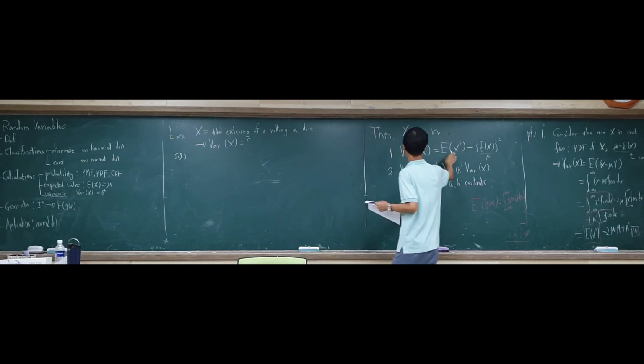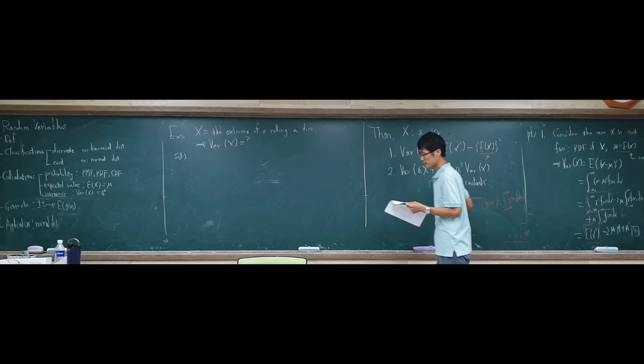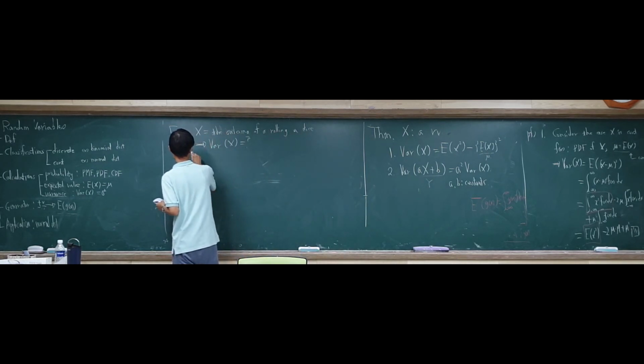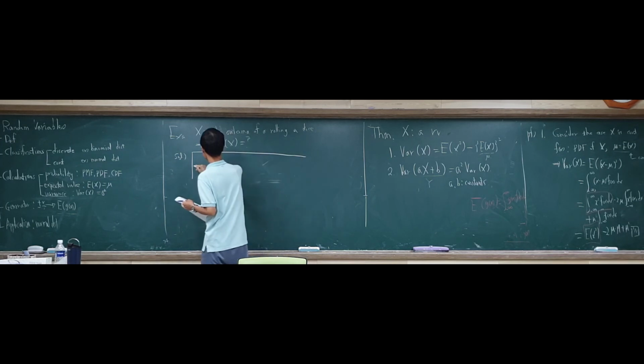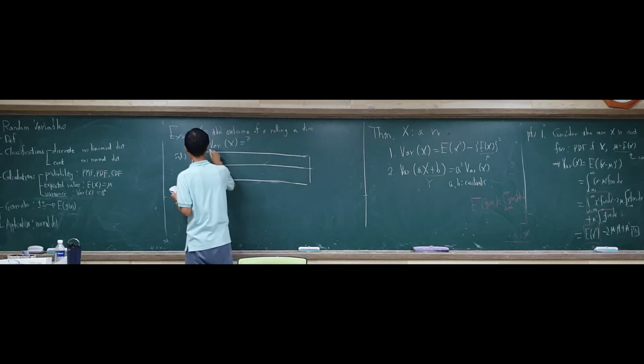And so to calculate E of X squared and E of X, we need the definition of E of X and the theorem to calculate the E of X squared. So we start with the table of the probability for the random variable X as following. So X can take values from 1 to 6.